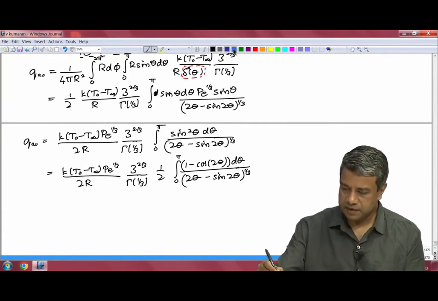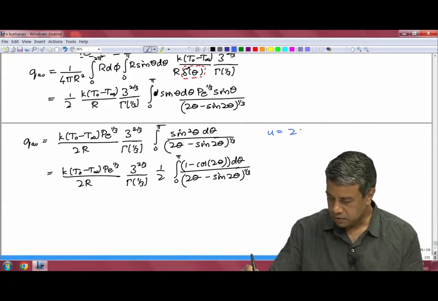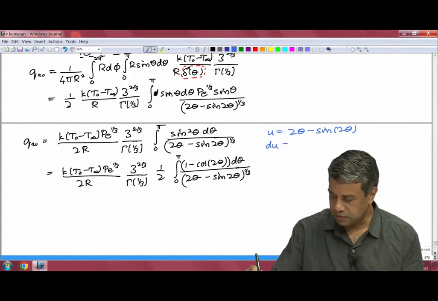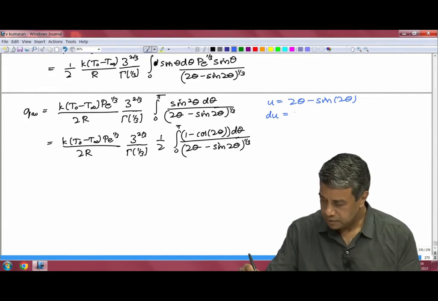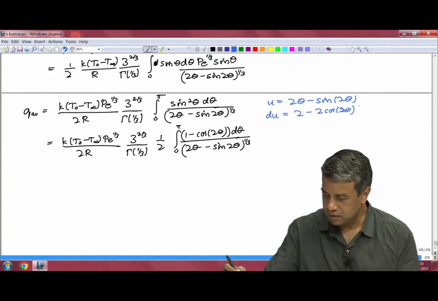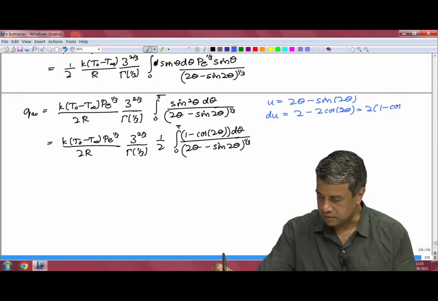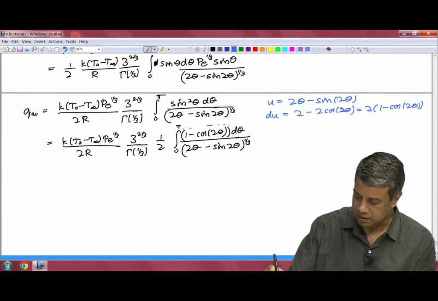And I can simplify this expression by realizing that if u is equal to 2 theta minus sine of 2 theta, then du is equal to 2 minus 2 cos of 2 theta, which is equal to 2 into (1 minus cos of 2 theta), which is just equal to 2 times the numerator here.